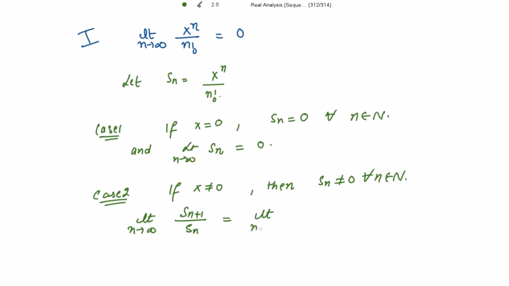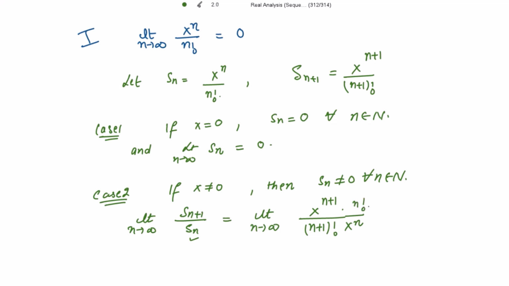So this is limit n tends to infinity. What will be Sn plus 1? Just replace n with n plus 1, so x to the power n plus 1 divided by n plus 1 factorial. And then it is divided by Sn, that is x to the power n divided by n factorial.